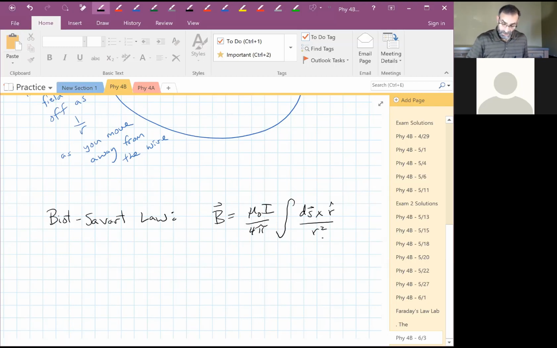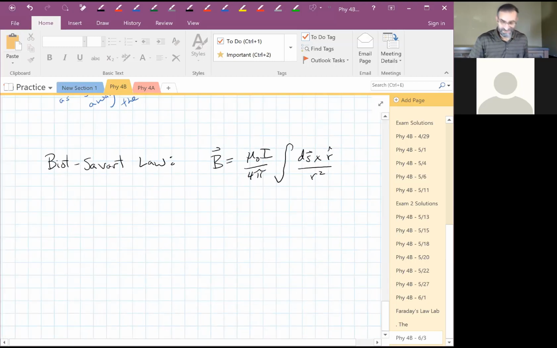You can start with moving charges and work your way up to currents, but we always deal with currents. So let's just start with this equation.